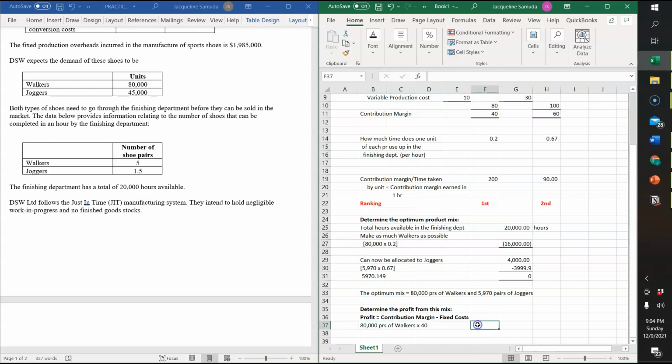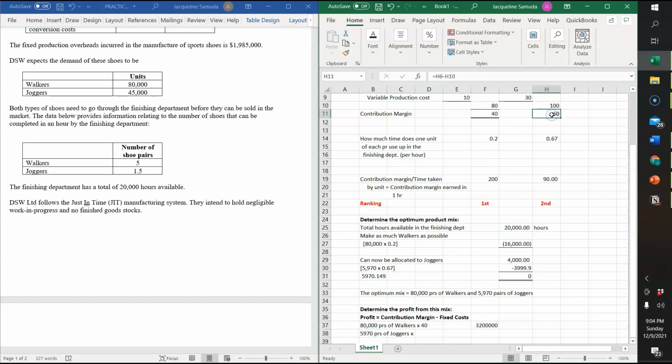So what you're trying to do now is to get the total contribution margin for all of those 80,000 shoes, times 40. And then from the product mix, 5,970 pairs of joggers times 60.